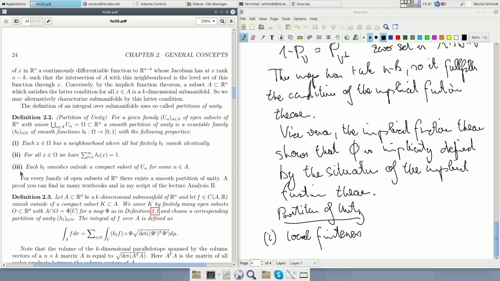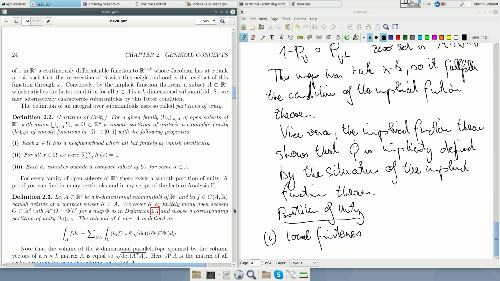And the third point gives the compatibility, in which sense these functions are compatible with the given covering of omega. Each member of this sequence of functions vanishes outside a compact subset of one member of the given open covering. Okay, this is the condition.